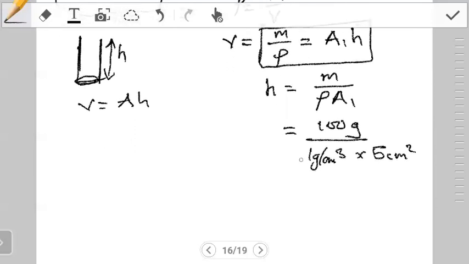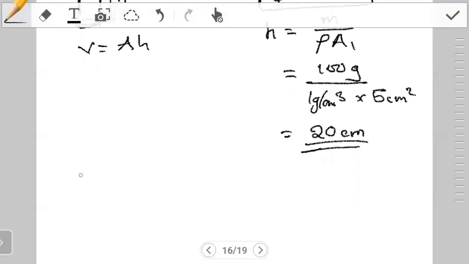If you simplify this, including the units, the grams will cancel, and the only unit that remains is a centimeter, since the centimeter squared in the denominator cancels with the cubic centimeter. What we remain with is just 20 centimeters. So this becomes the height of the water column added on the right-hand side.